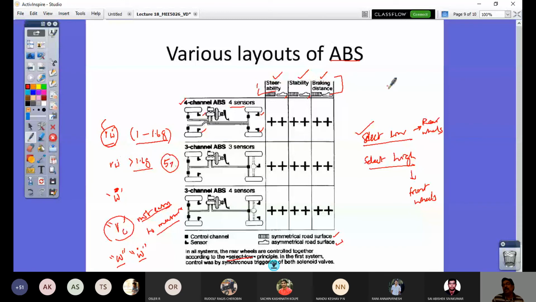So this value would be 0.5 g. If it is less than 0.5 g and you have this condition of 5% reduced, then it would say now you can increase the braking torque. That means you can increase the wheel cylinder pressure, right? So 5% speed reduced, and it will compare with this value, which is 0.5 g.